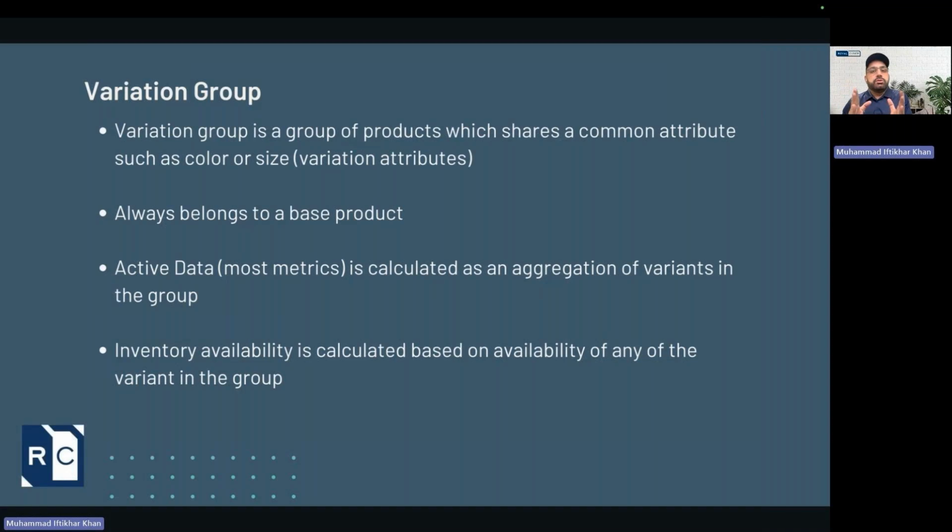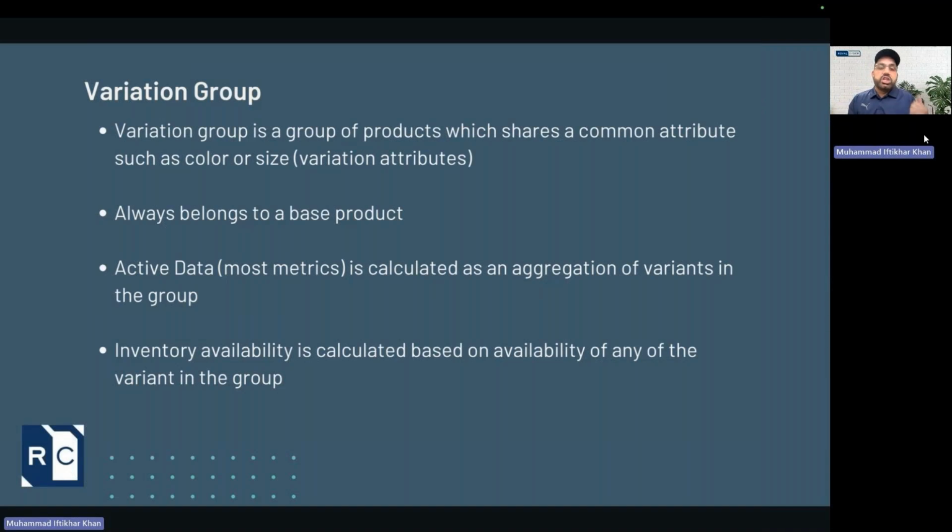If you have multiple colors and multiple sizes, you can create a group based on a color value, like red or blue or black. All the black color of any size can create a group, right? And all sizes of blue color can create another group. All sizes of red color can create another group.